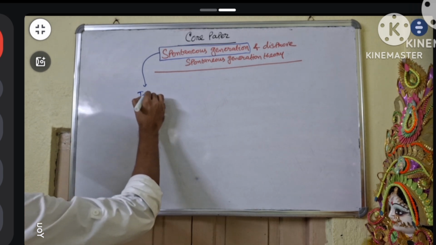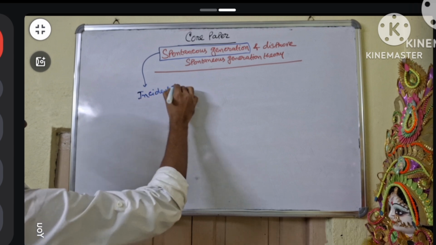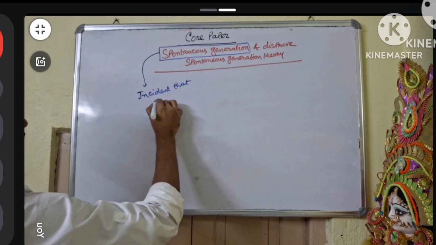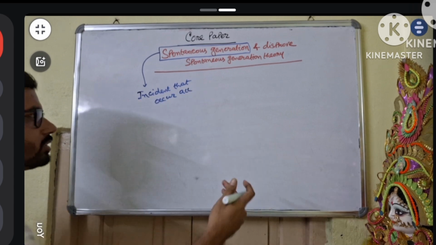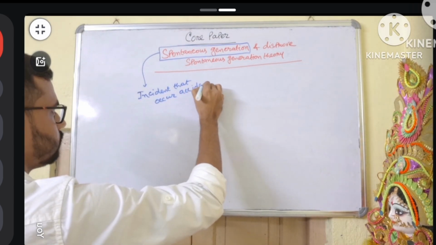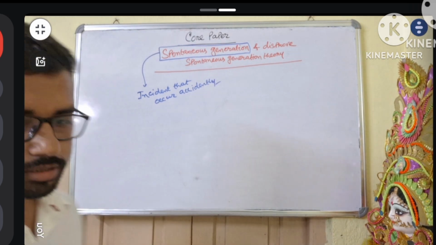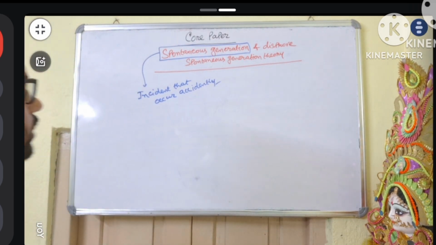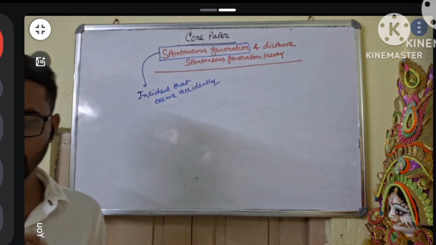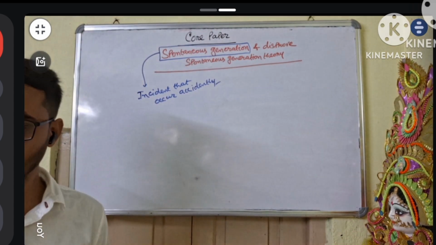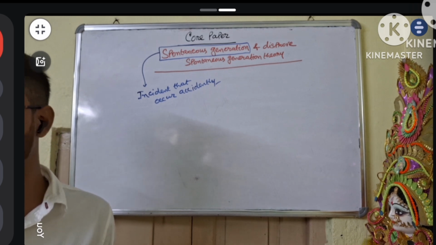An incident that occurred accidentally. That means something happened accidentally. It is called spontaneous. So what does spontaneous generation mean? It means generation of something accidentally. Generation of something means the generation of living things.